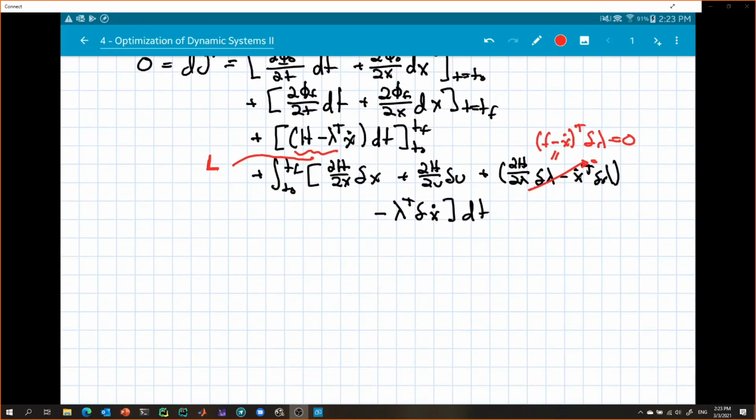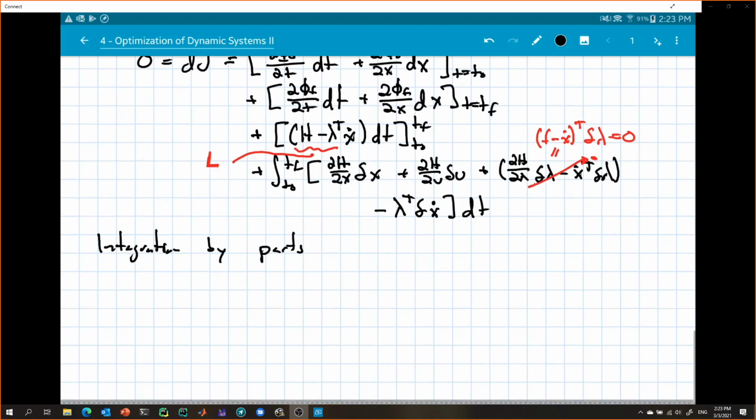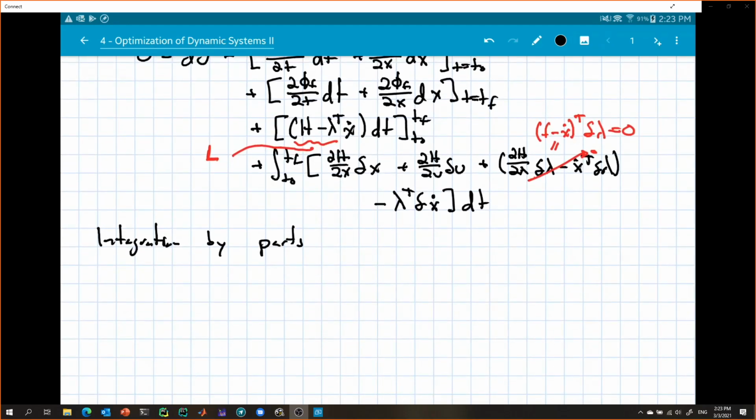Okay, so now we do the other trick that we did last time as well. We have an integration by parts. Remember, we integrate this last term here.